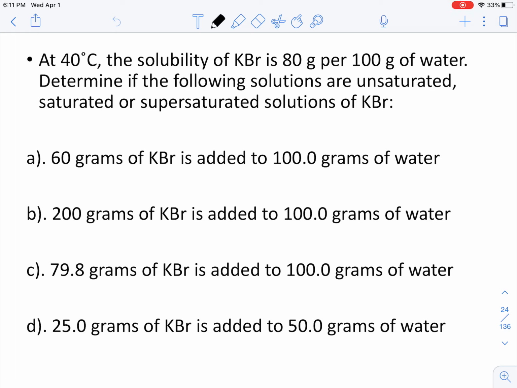We're going to determine if the solutions are unsaturated, saturated, or supersaturated. And so what this problem is basically describing is that 80 grams per 100 grams of water defines saturation.